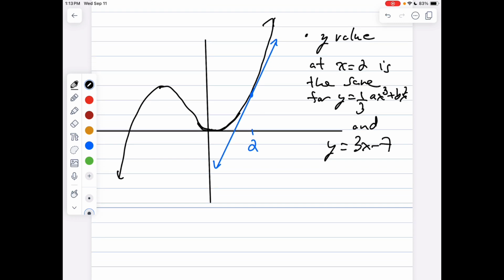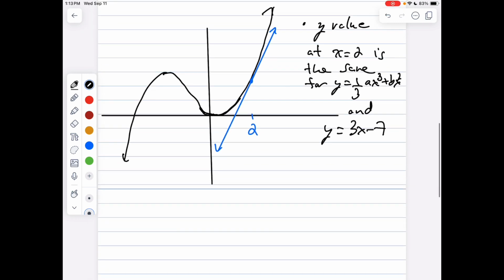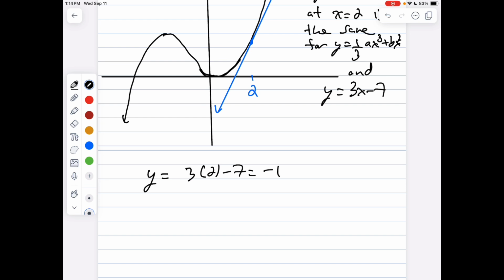And what can I do with that information? Well, let's see what we can do with that. We can go ahead and find the y value from the line at x equals 2, which would be 3 times 2 minus 7. So 3 times 2 is 6, minus 7 is minus 1. And that's what the y value of your graph has to be as well at x equals 2.